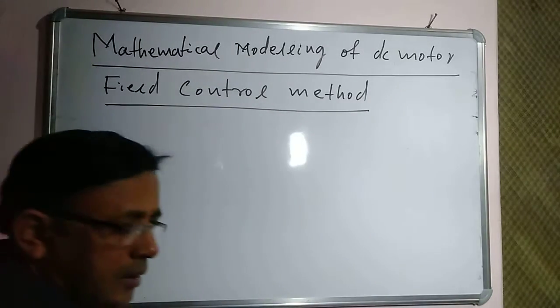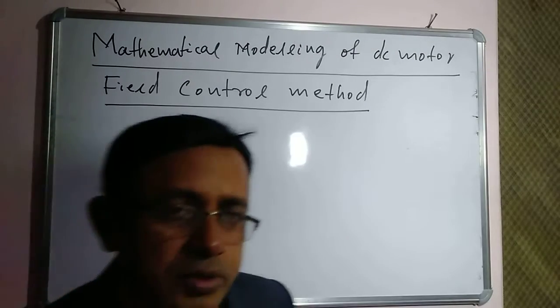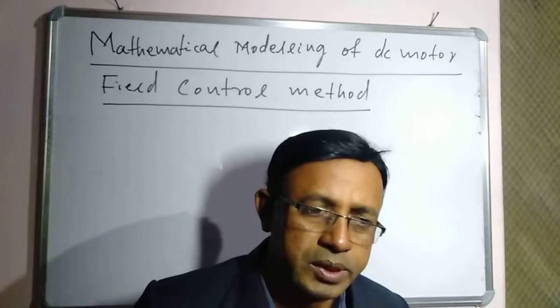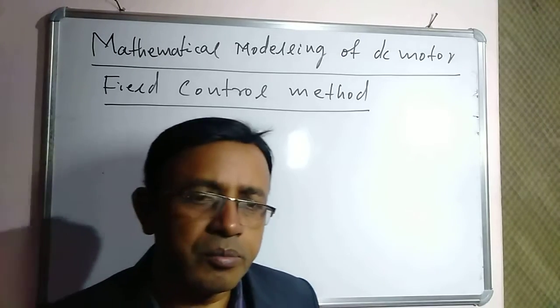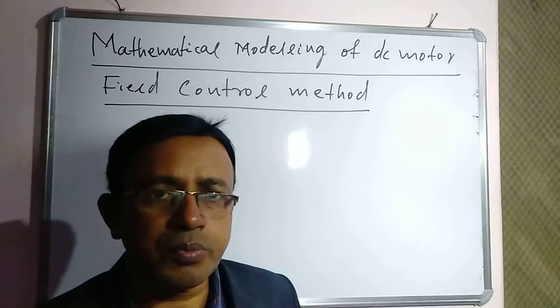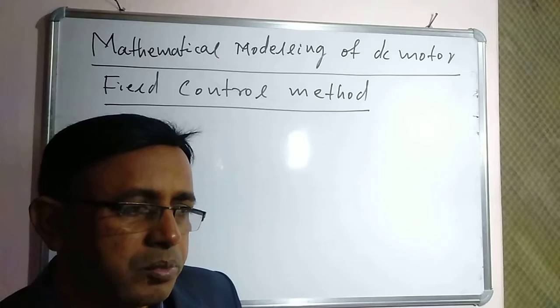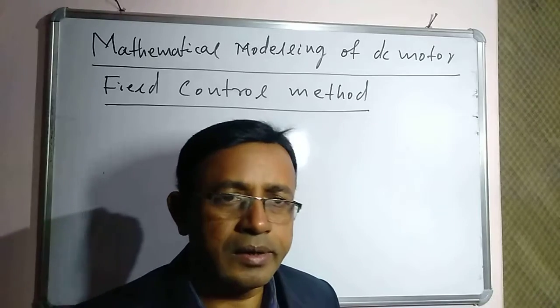So already I have discussed about the DC motor. Here the DC motor is used as a DC servo motor, therefore it uses the linear magnetization characteristics, therefore the flux phi is directly proportional to the field current.